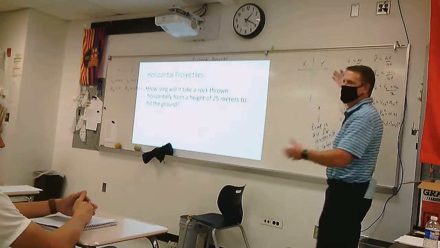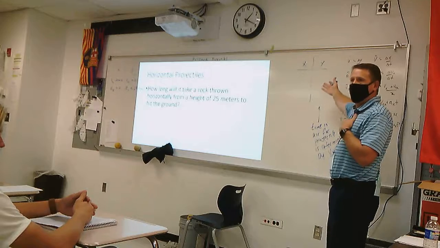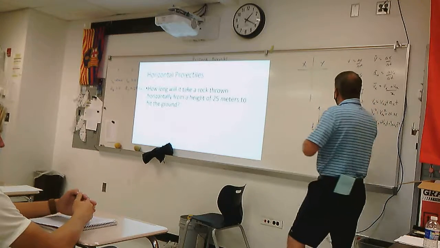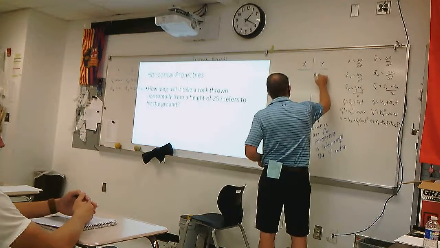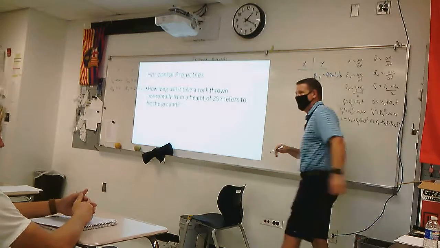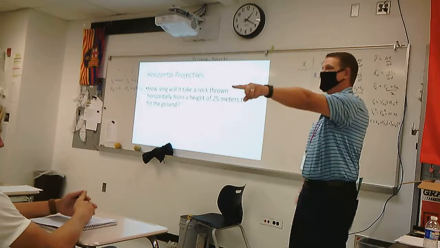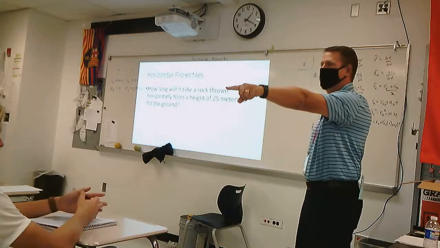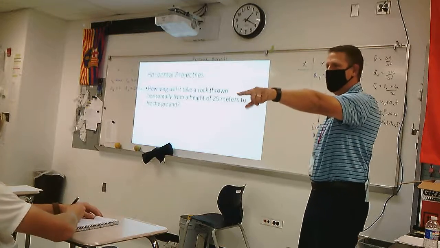So what information do we know? The Y acceleration is 9.8 meters per second per second. We can work with that. What direction has Anna declared as down? As positive.